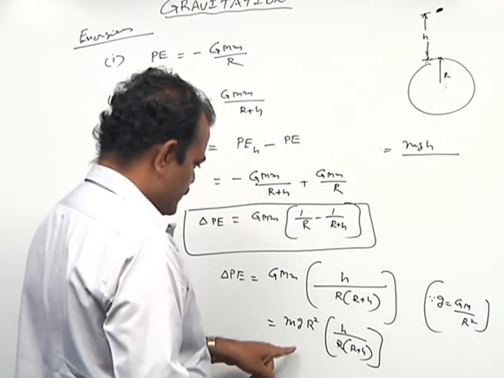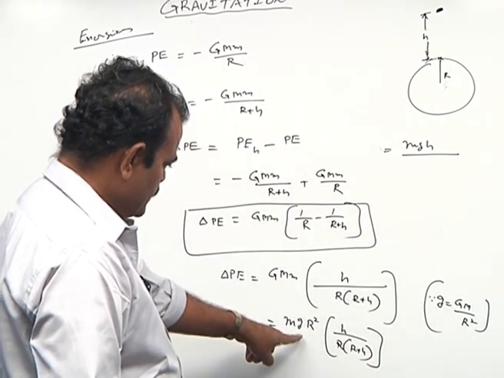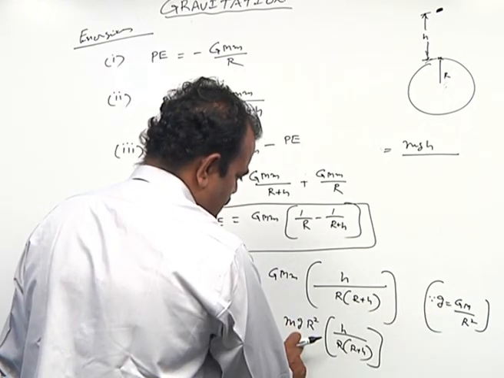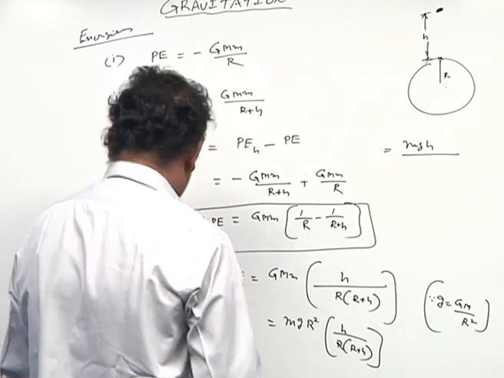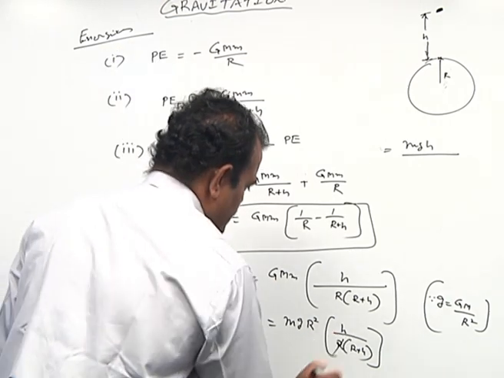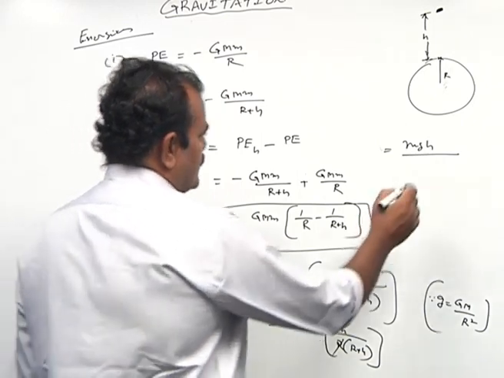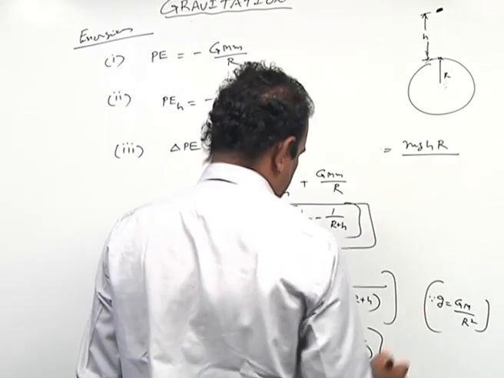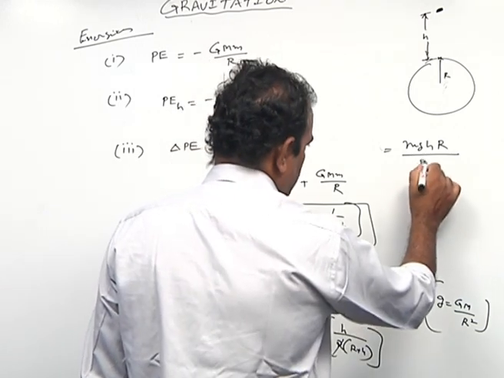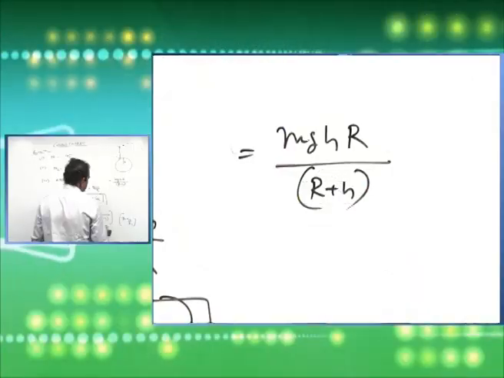So once again GM is equal to gr square, and thereafter mgh by 1 plus h by r. Now r is cancelled here, and mgh r by r plus h is here.